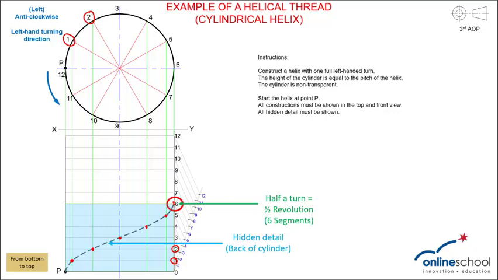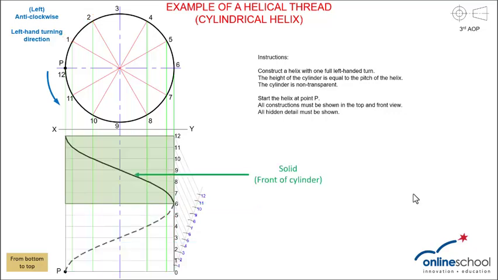So we now have completed half a turn at the back of our cylinder, and now the thread is going to emerge onto the front side of our cylinder. From number 6, the second half of my thread will be visible and move to the front of my cylinder. Now that we see the second half of our revolution, from number 7 we're going to do the same method that we did.